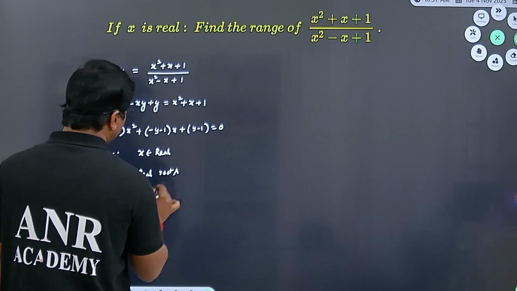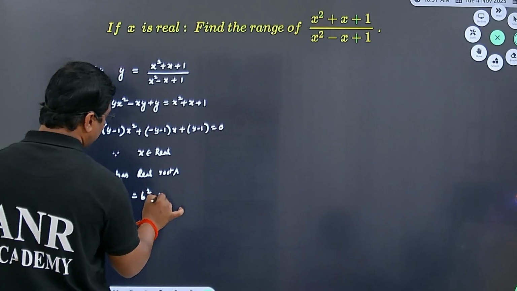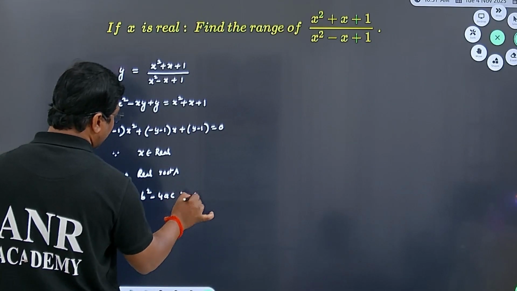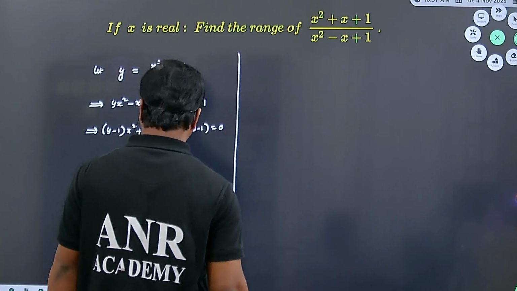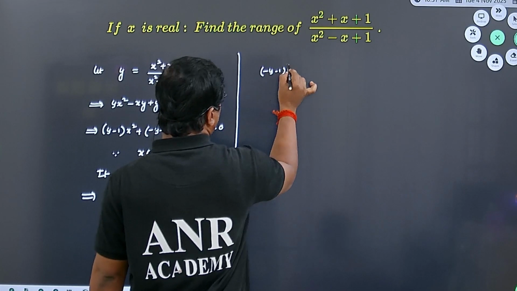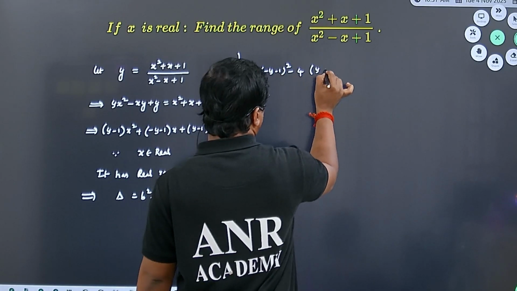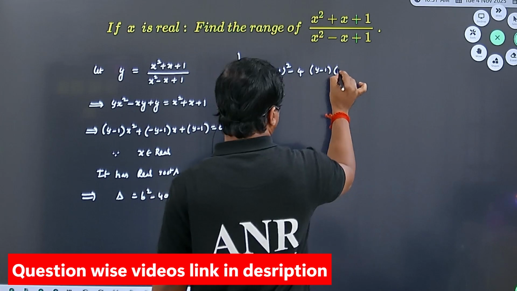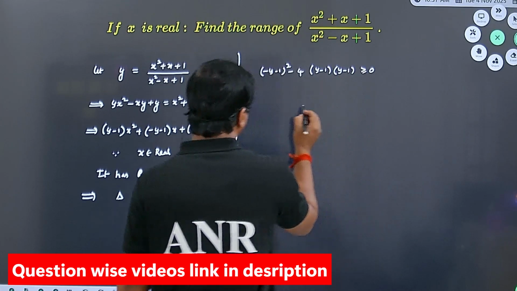It has real roots implies I can write discriminant b square minus 4ac which is greater than or equal to 0. Yes, in the next step I can write b square, (y plus 1) whole square, next minus 4 into a (y minus 1), c again (y minus 1), which is greater than or equal to 0.